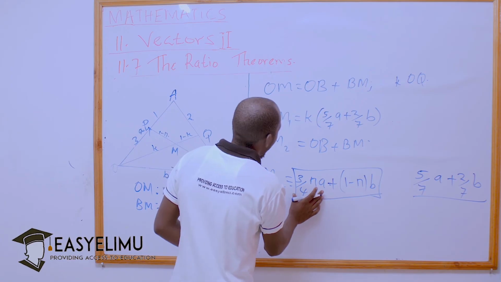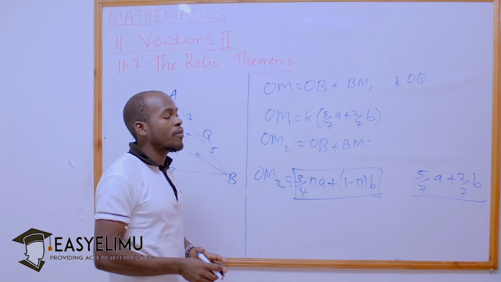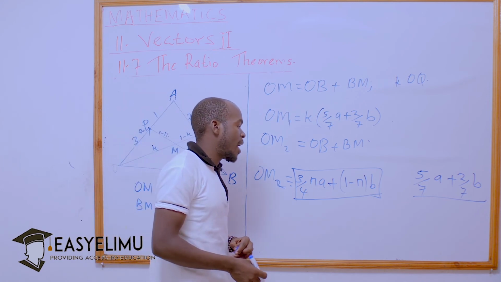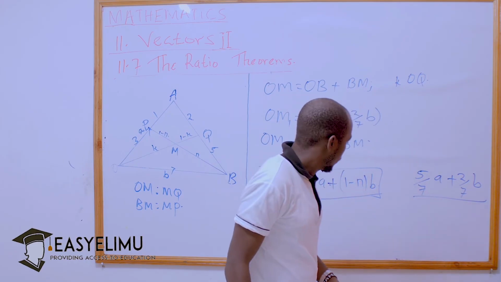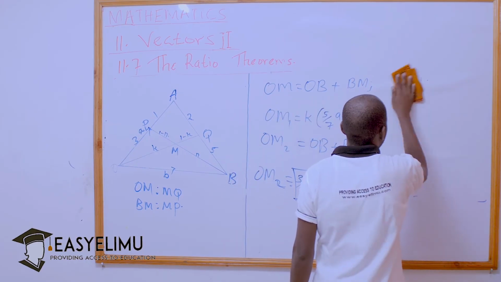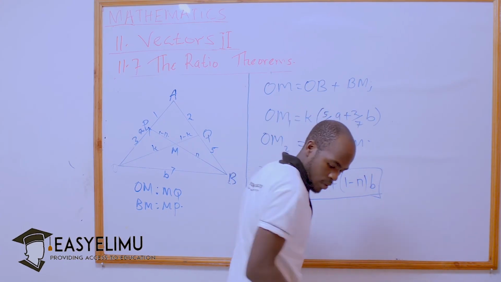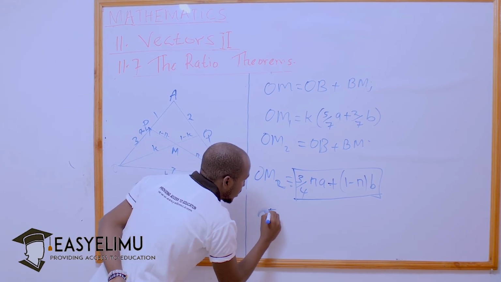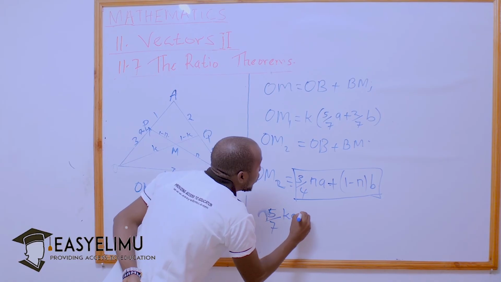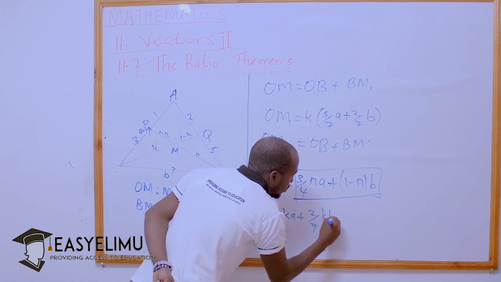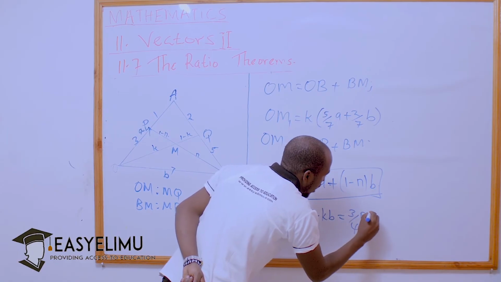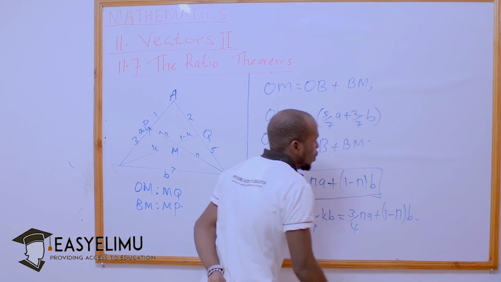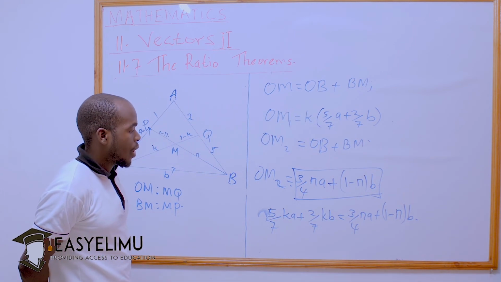So after getting OM1 and OM2, you will now equate the two to find the numbers k and n. On equating the two, we shall find 5 over 7 Ka plus 2 over 7 Kb is equal to 3/4 Na plus 1 minus Nb. So this is what we find as we equate.